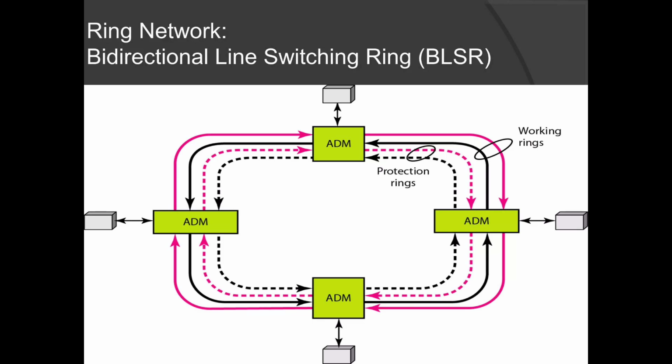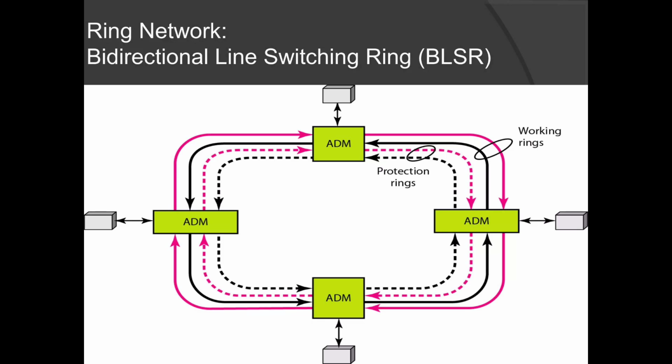Whenever a node wants to send data to another node, it sends the data to its neighbor, which then forwards the data. I'll repeat it: this bidirectional line switching ring sends the data in both clockwise and anti-clockwise directions by using both protection and working rings.